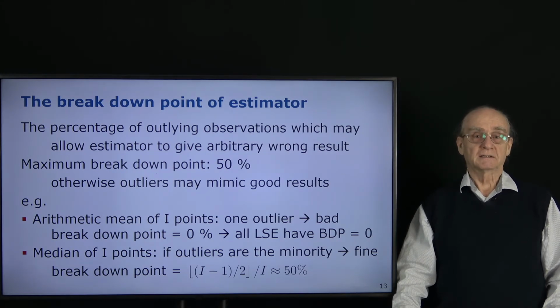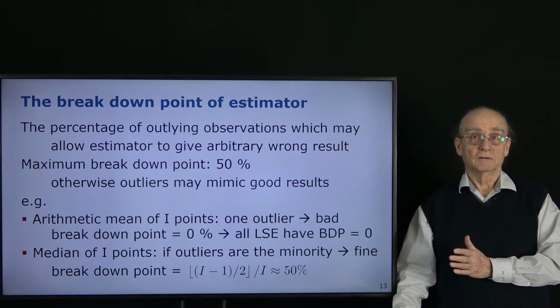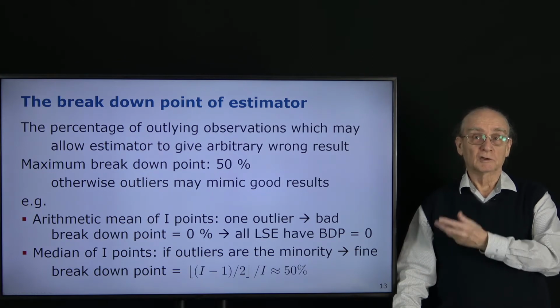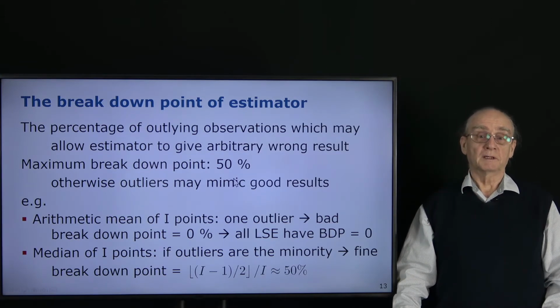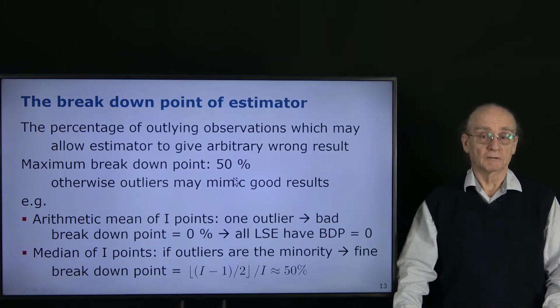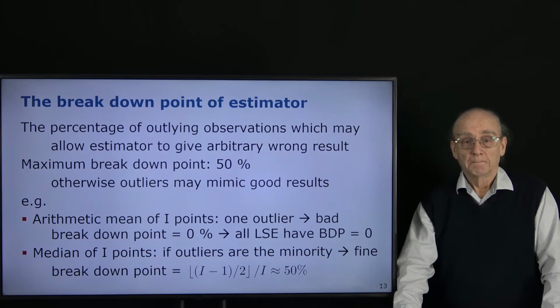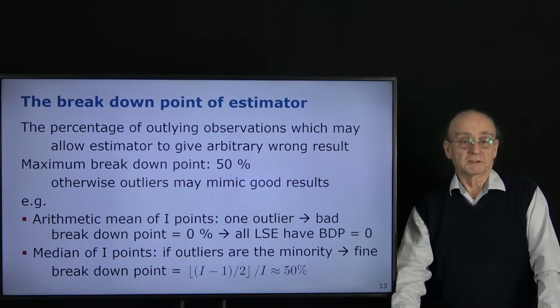And of course it's clear that if we have more than 50% outliers, those outliers could put themselves together in a group and say, hey, I'm the correct one. So they may mimic a good result, so the breakdown point certainly will not be larger than 50%.